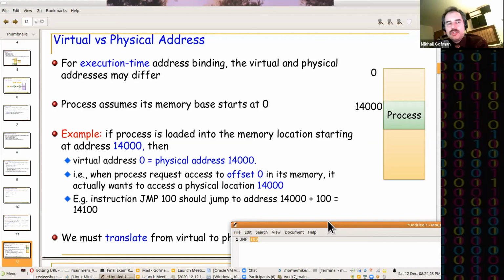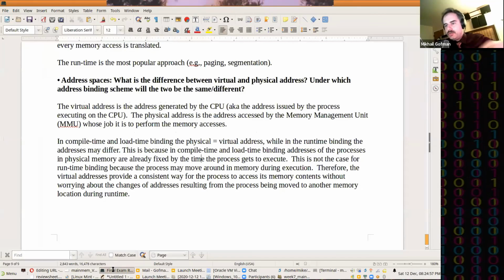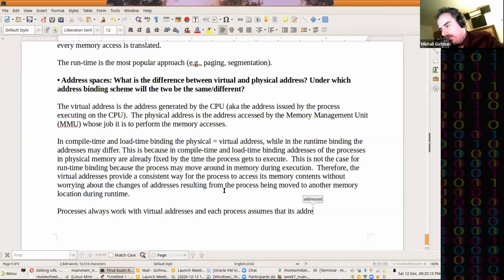And another thing to remember is that each process will get its own virtual address space. So processes always work with virtual addresses, and each process assumes that its addresses start at address 0 and span until some maximum address.